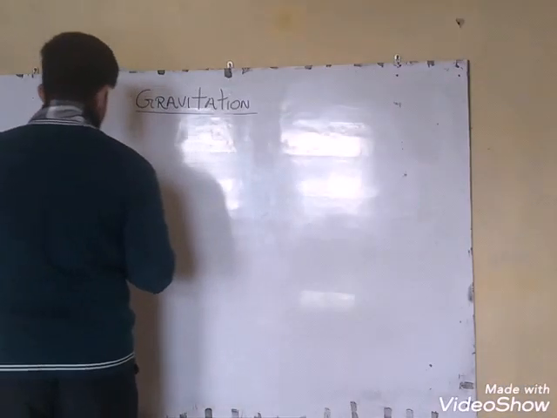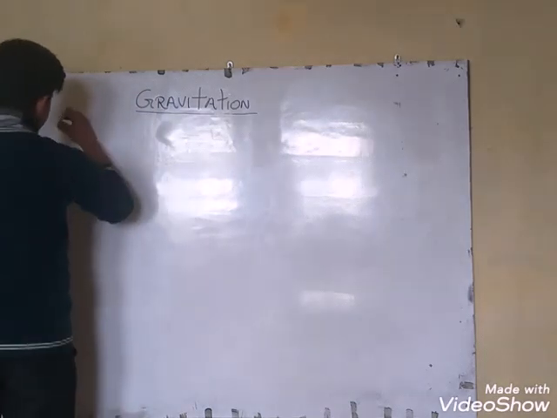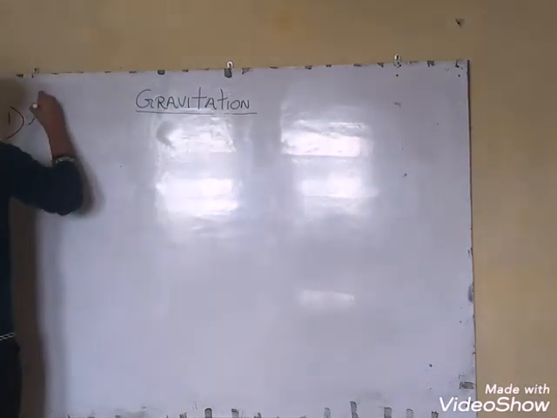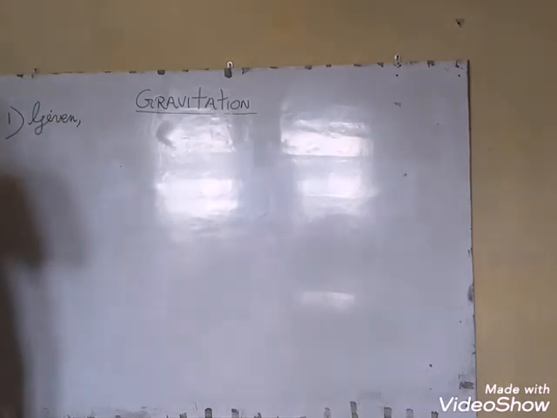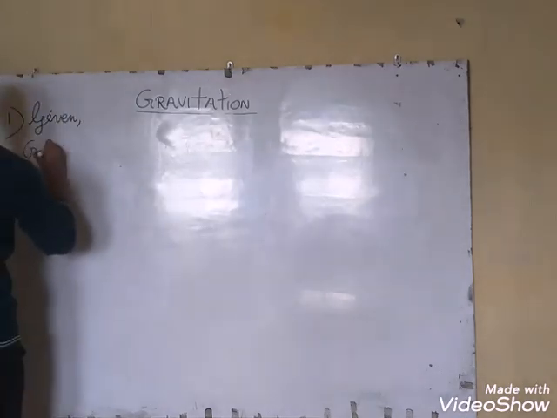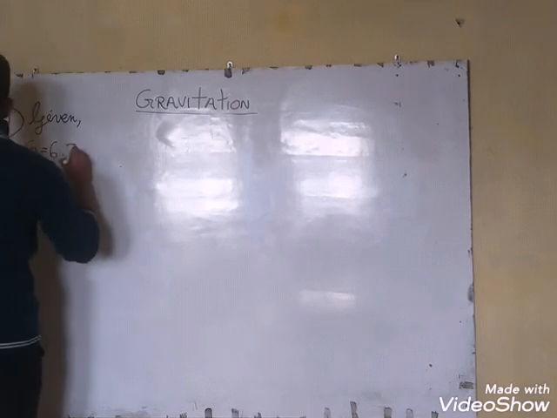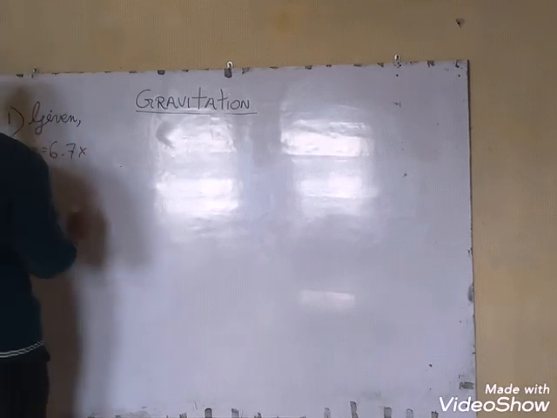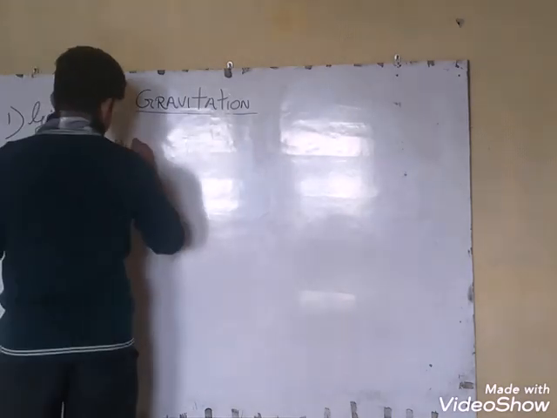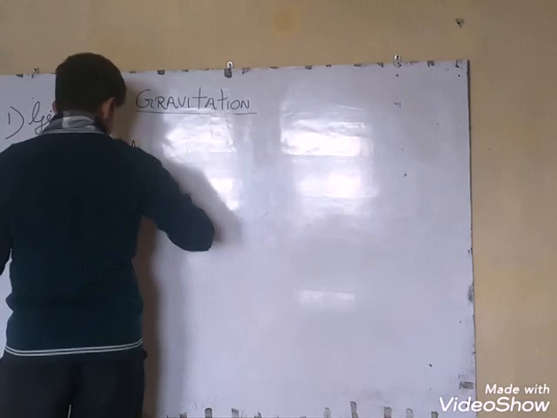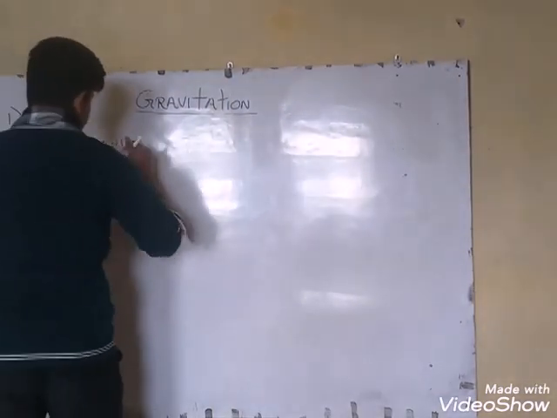So in here we'll take the gravitation as equal to 6.7 multiplied by 10 to the power minus 11 Newton meter squared.